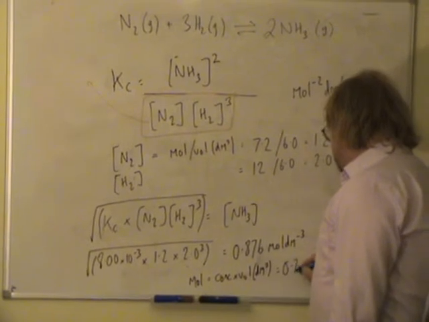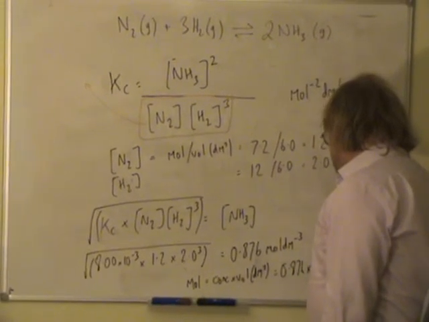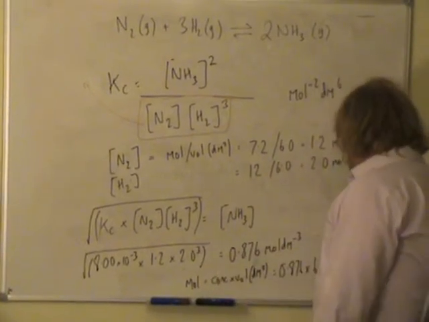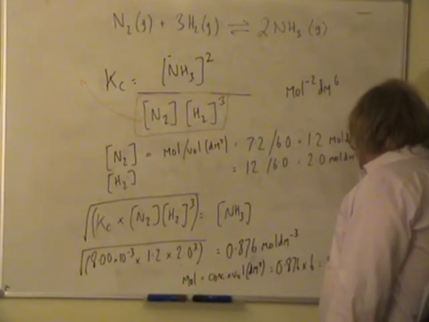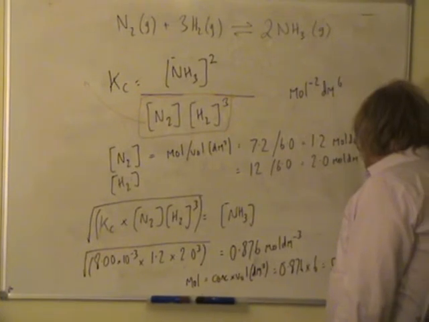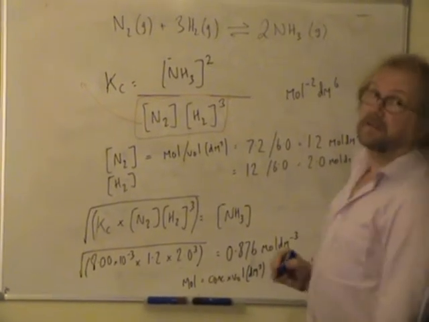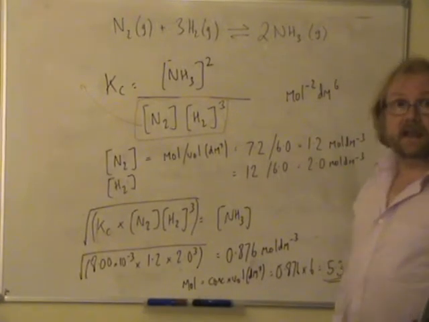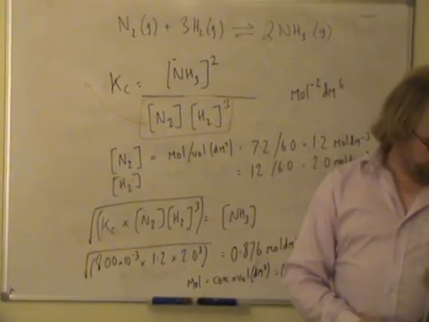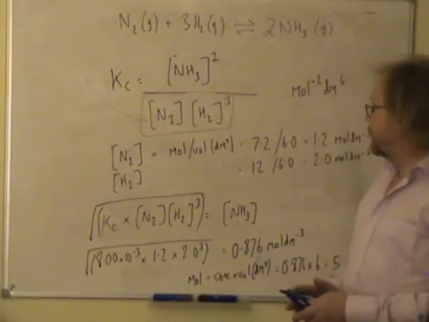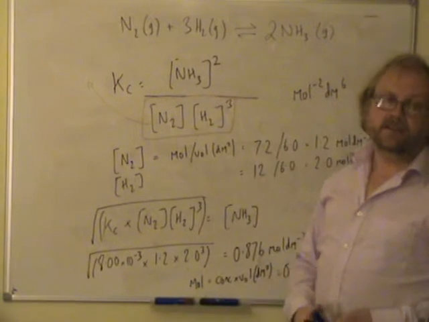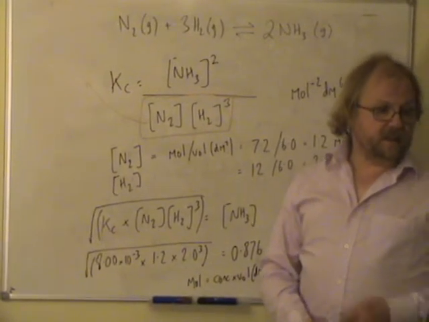So that's 0.876 times 6, which is 5.3 once it's rounded off to 2 significant figures. 5.3 moles is your answer. Okay, so that's, as I say, fairly standard calculation, but not very much help. So you had to just keep your head and see your way through all those steps.